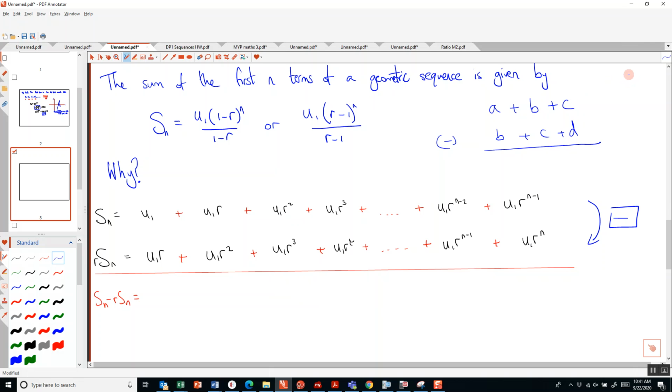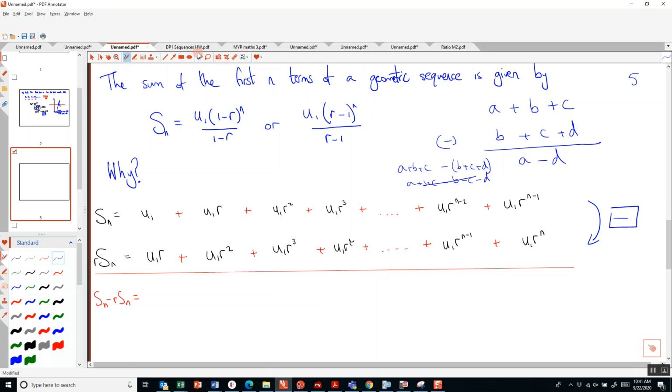A plus b plus c is my top line, and I'm subtracting off all of the bottom line: B, subtract C, subtract D. So I'm just left with A minus D, correct?